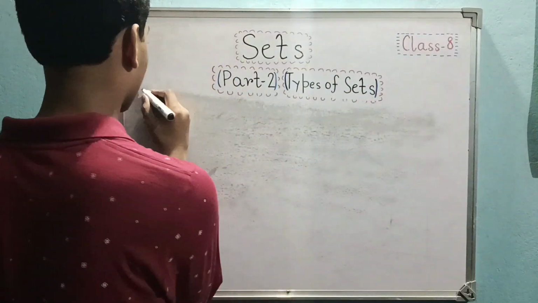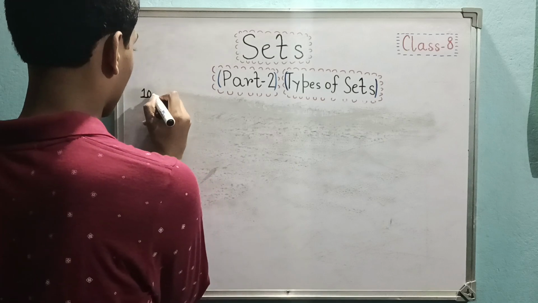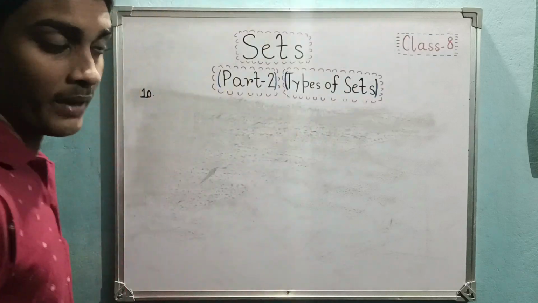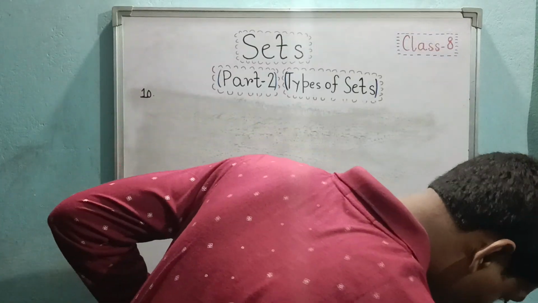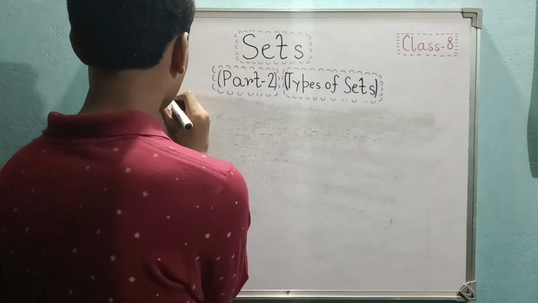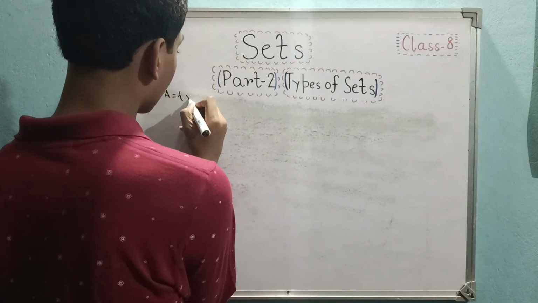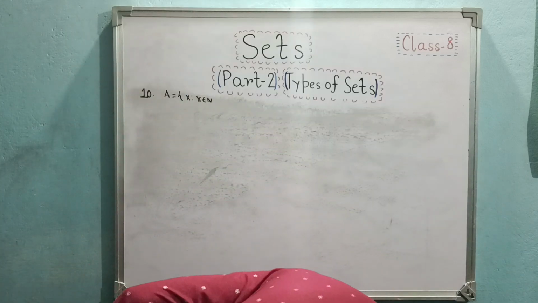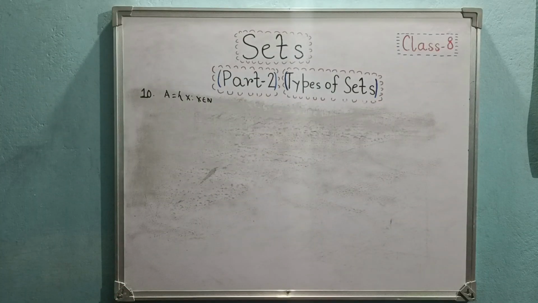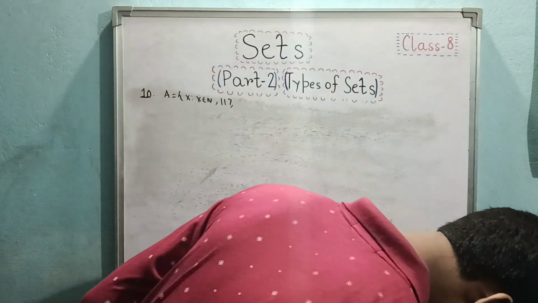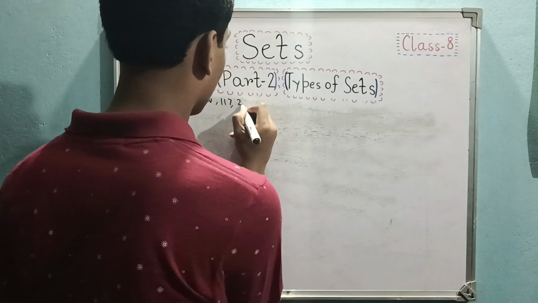Now question 10. Now we have a new type of set. Okay, let's see what it is. So I have A is equal to x such that x belongs to natural numbers, comma, 11 greater than or equal to 2x minus 1.